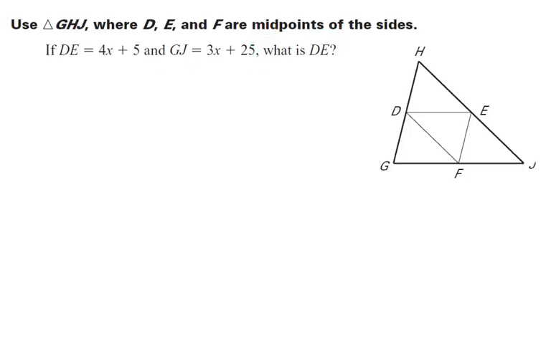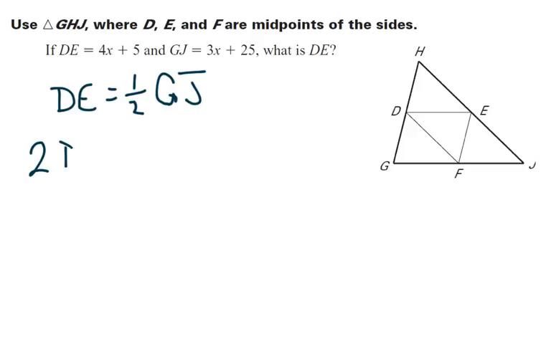Okay, since D and E are midpoints, we know that DE is a mid-segment of the triangle. So DE is equal to half of GJ. Or we can say that 2 DEs are equal to 1 GJ. For the algebra, I don't want to multiply 3x and 25 by a half, so I'm going to go with that second equation.